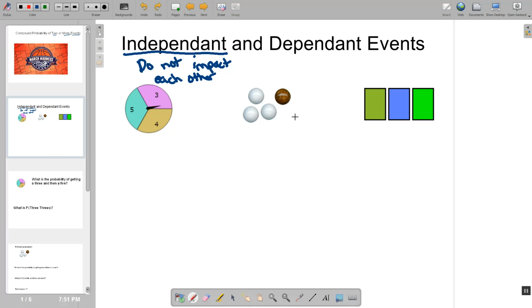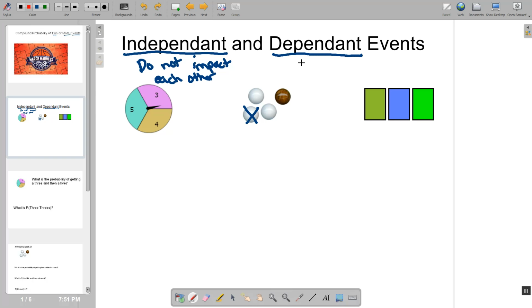Also, if I had 4 marbles like this, and I pulled a marble and then I put the marble back in, each individual event would not impact each other. However, if I took out a white marble right away and I kept it, then we're dealing with what we call dependent events.